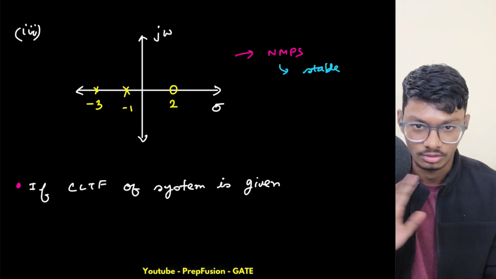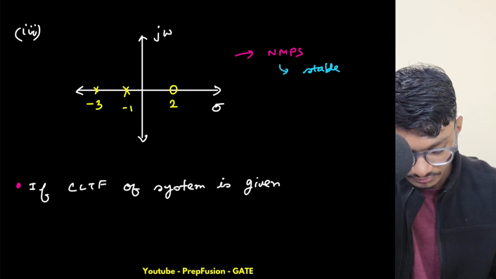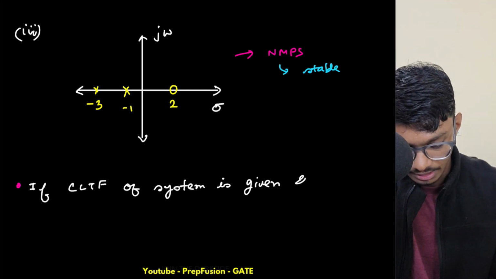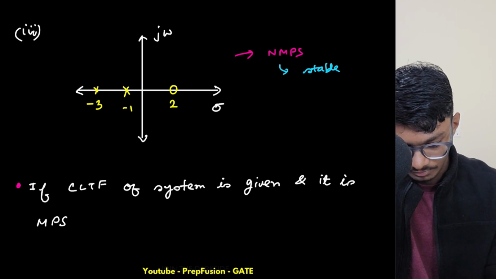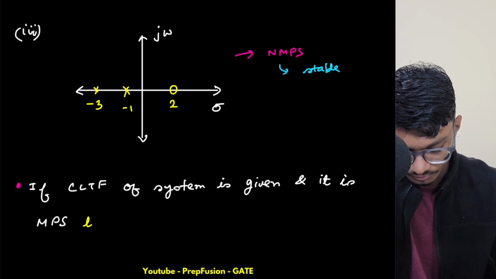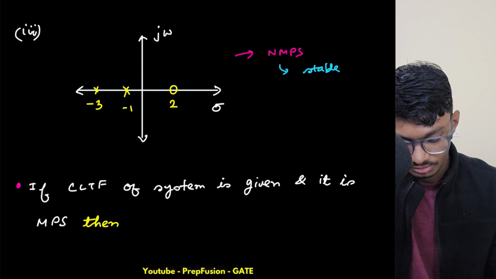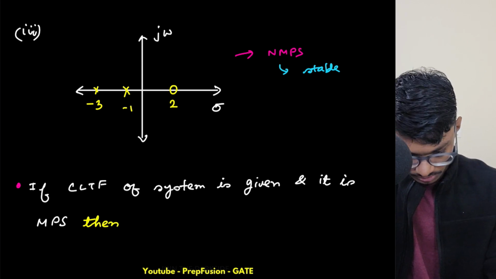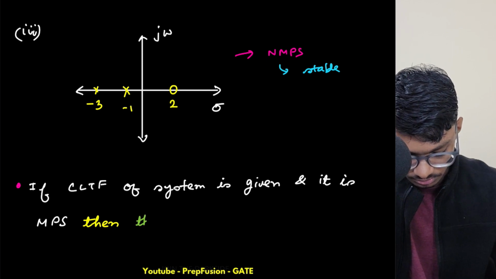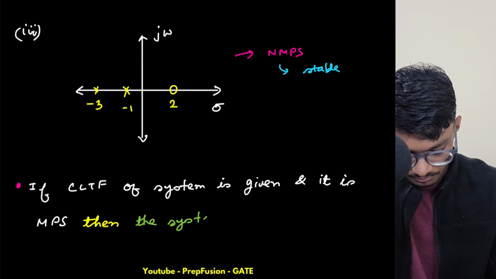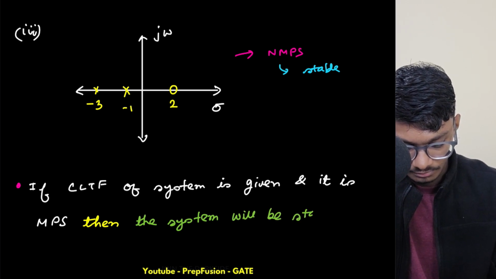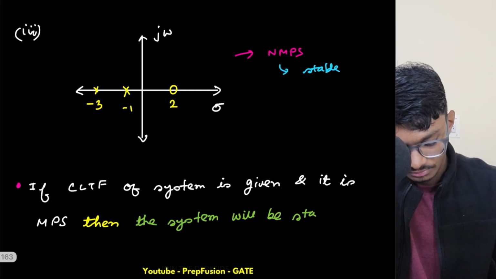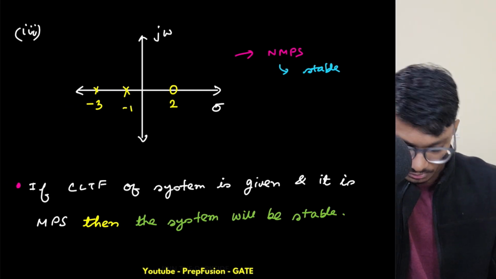If the CLTF of the system is given and it is a minimum phase system, then surely the system will be stable.